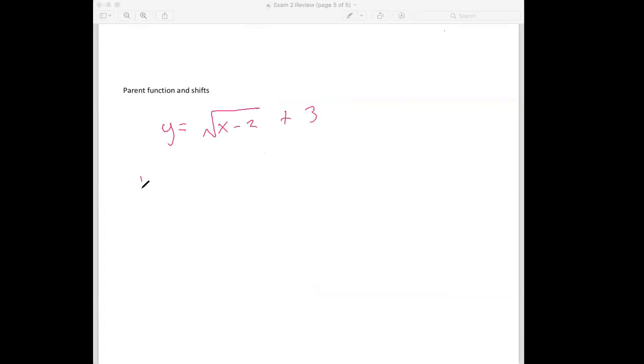We could ask, what is the parent function? Well, to find the parent function of something, you just get rid of all of the numbers except exponents. So you get rid of this, you get rid of this, and what's left is y equals the square root of x.